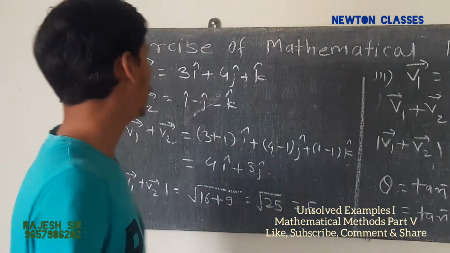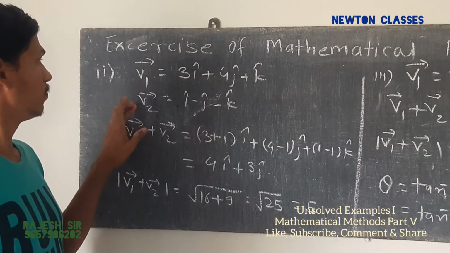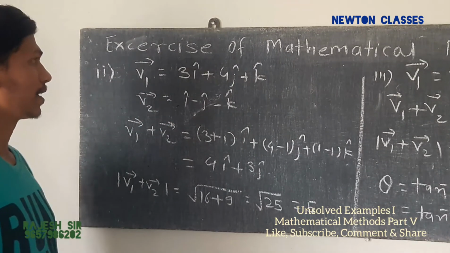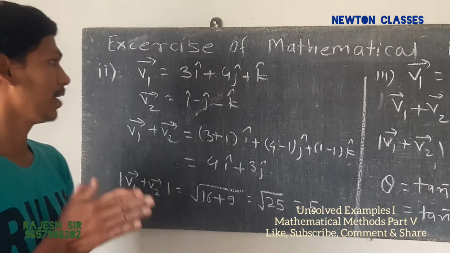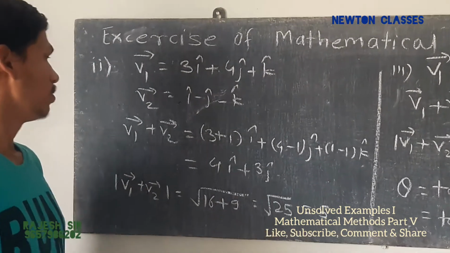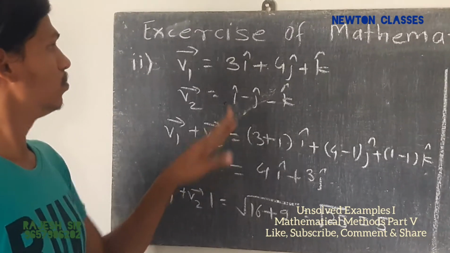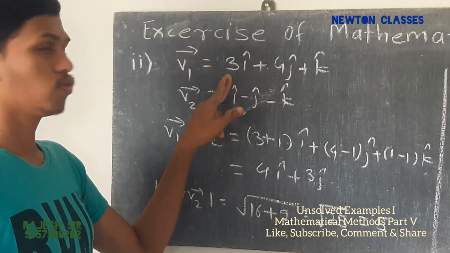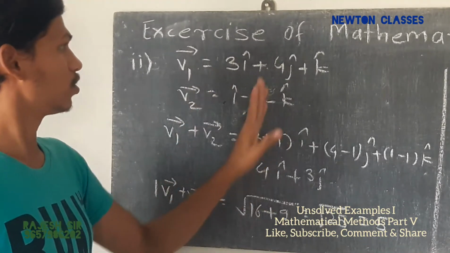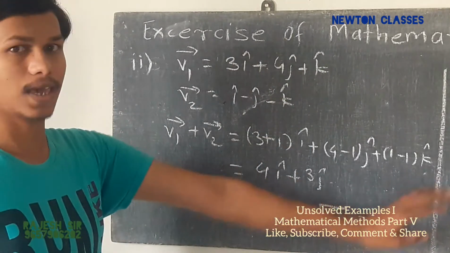In the next example, they have given two vectors v1 bar and v2 bar. v1 bar is equal to 3 i cap plus 4 j cap plus k cap. v2 bar is equal to i cap minus j cap minus k cap. Now we have to add these two vectors. v1 bar plus v2 bar is the addition of the coefficients of i cap, plus the addition of the coefficients of j cap and the addition of the coefficients of k cap.